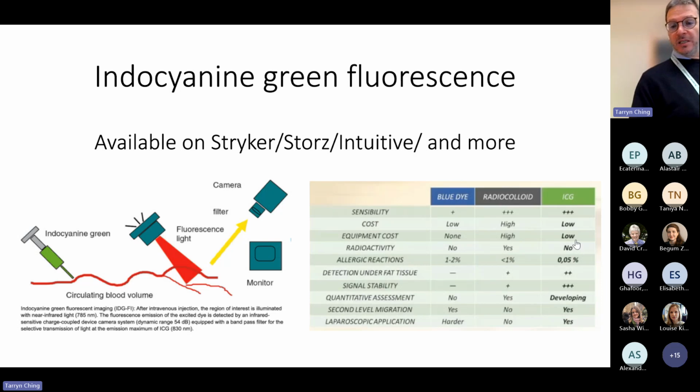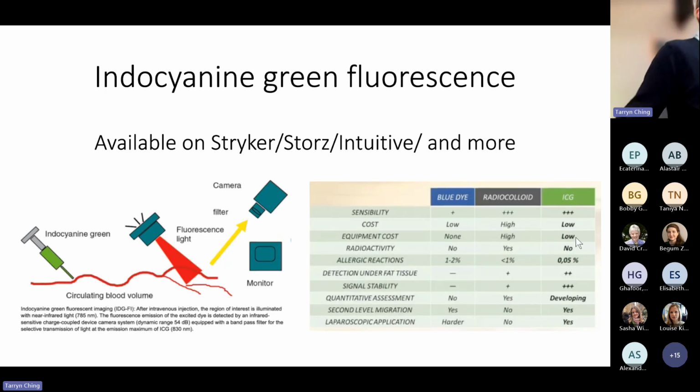Let me minimize this because ICG does have a number of advantages compared to other ways of fluorescence. First of all, it's incredibly cheap and safe. And with the latest generation endoscopic stack, it will be available pretty much in every operating theater.